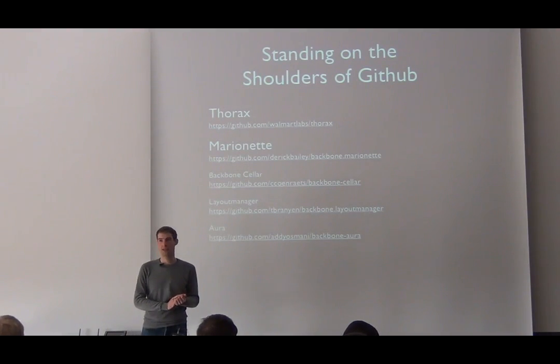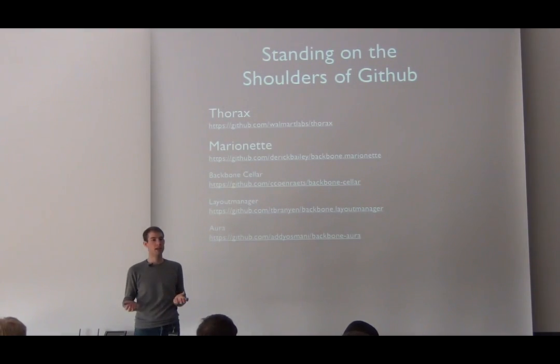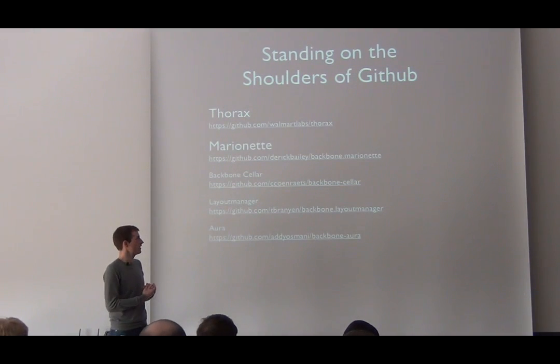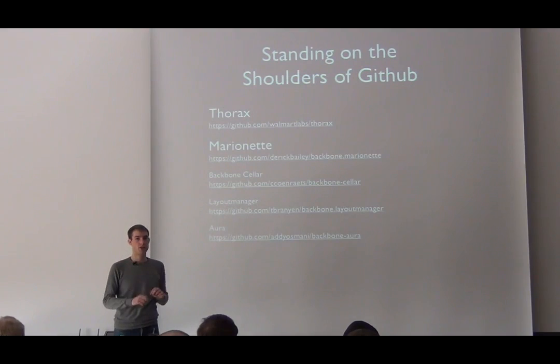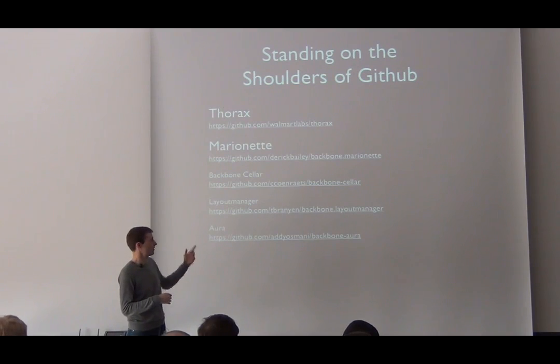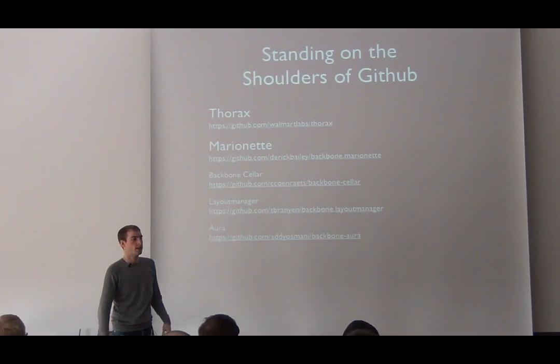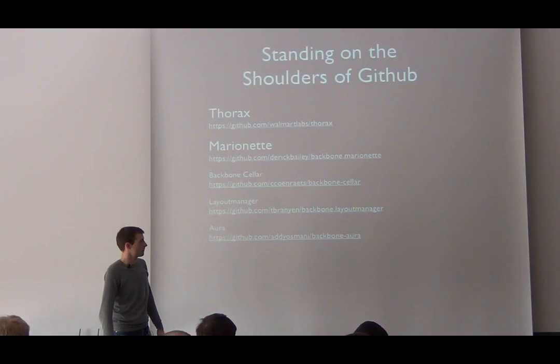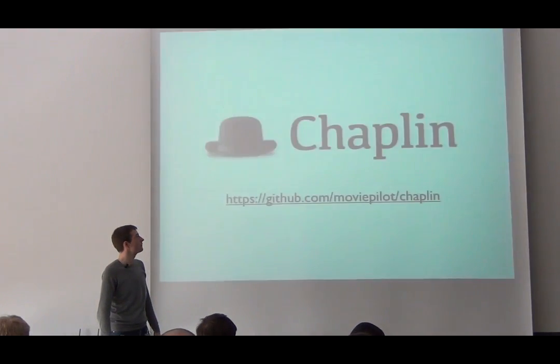They have built, I think, a huge mobile application on top of Backbone, and they have released their code as open source. Another frameworkish library on top of Backbone is Marionette from Derick Bailey, and there are others which are quite interesting, like the layout manager to deal easily with many views and nest views and so on.